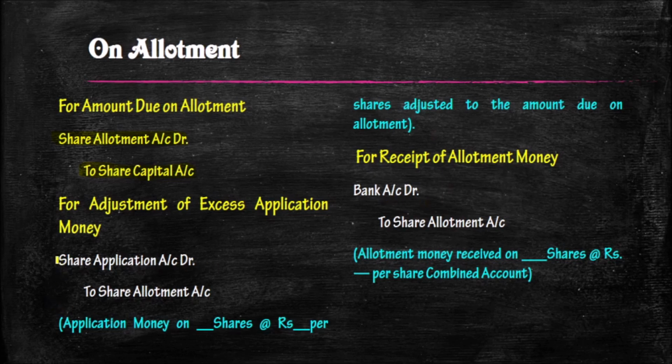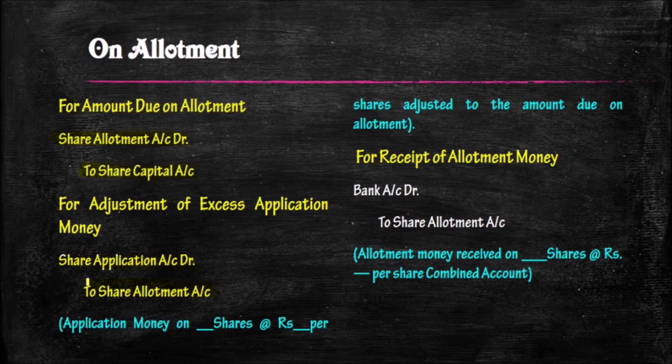The entry is share application to share allotment. Sometimes there will be excess applications, and the excess application money received on 2,000 shares will be adjusted in allotment. They will not reject it. Instead of rejecting, they will adjust that amount along with the allotment money.